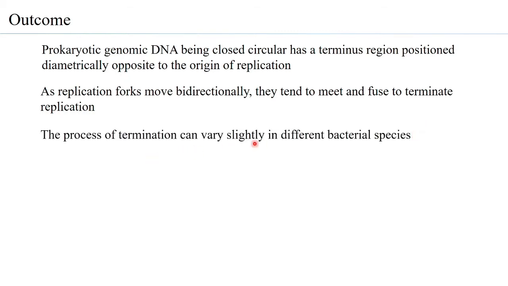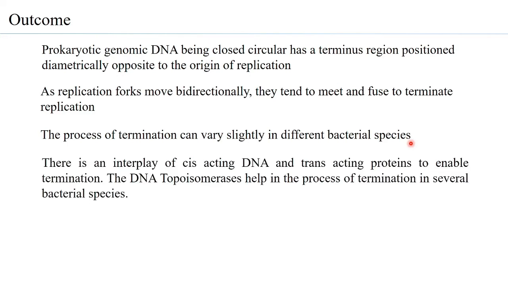The process of termination does vary slightly in different bacterial species. More studies will reveal how much is the variation between all the different species. Yet what has been observed is there is a typical mechanism that is seemingly able to explain how termination is happening in most bacterial species.